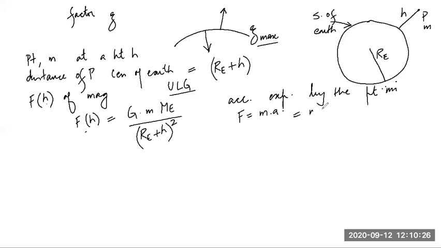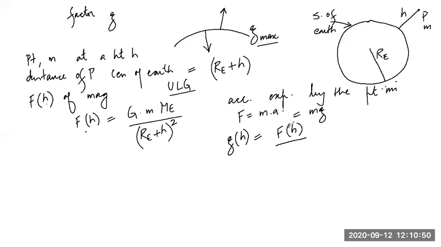So I can say the acceleration experienced by the point at height h, which I would express in terms of g, also a function of h, is equal to force experienced by the point, which is also a function of height, divided by mass.